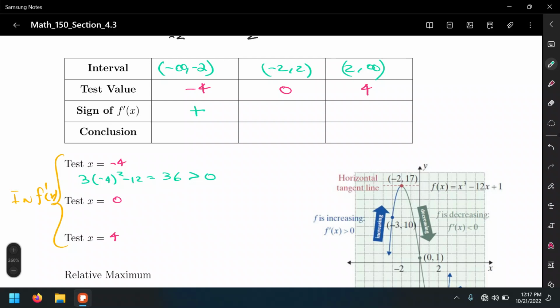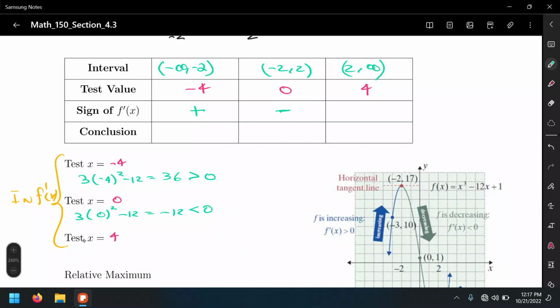Let's test x equals 0. 3 times 0 squared minus 12. And well, 0 squared is 0, times 3 is also 0, but 0 minus 12 is negative 12. In this case, it's a negative number, a number less than 0. So the sign of f prime is negative here.